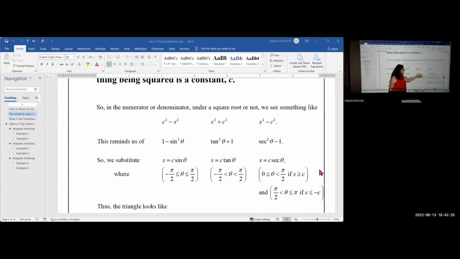In the second case right here, because we're substituting with tangent of theta, we again use the range for tangent of theta, which is negative pi over 2 to pi over 2, and we have a similar thing going on. We have tangent squared of theta plus 1, which can be replaced with secant squared of theta.